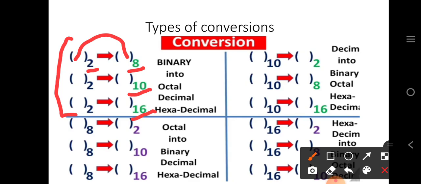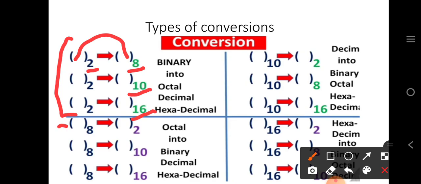Why are we seeing these types of conversions? Because many times when there is a need of conversion, students get confused about from which base to which base they have to convert. To avoid that, first we will see the conversions one by one, that is from only binary to other numbering systems.